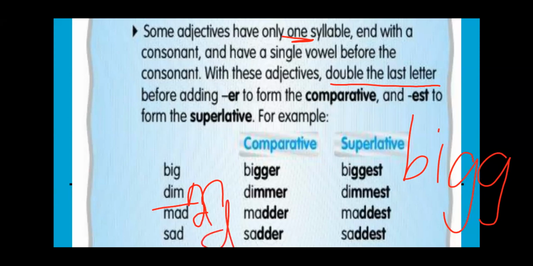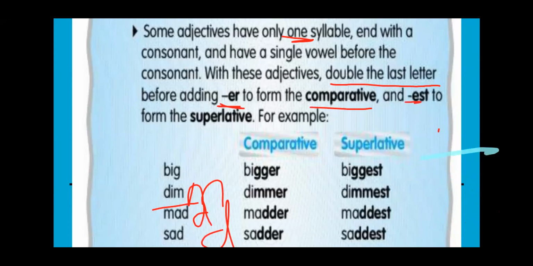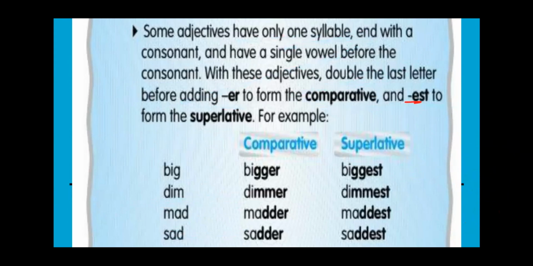Sad, double the last letter. Then add er to form the comparative and est to form the superlative. These are words with one syllable: big, dim, sad, mad. So when words have one syllable, end with a consonant, and have a single vowel before the consonant, you have to double the last letter and then add er or est.